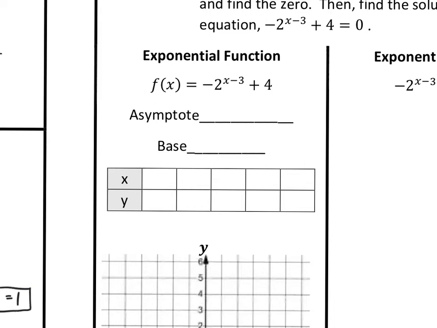And if we notice here in the exponential, there's a couple of transformations going on. There is a negative in front. So I'm just going to circle this negative. And the negative means reflection over the x-axis.